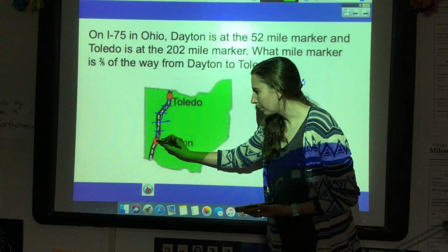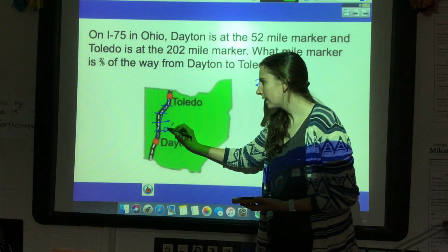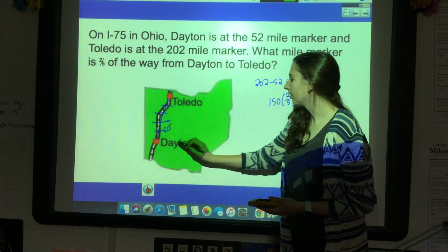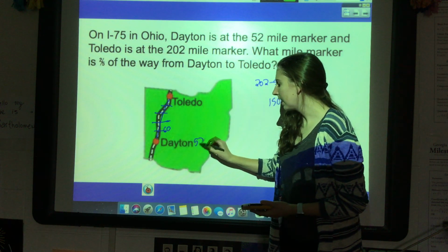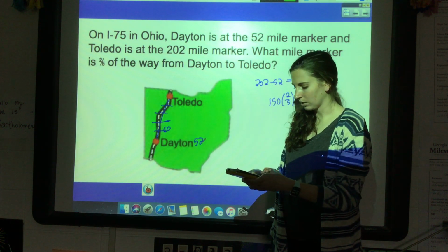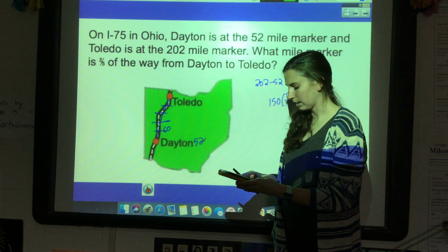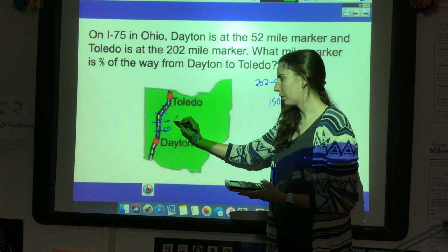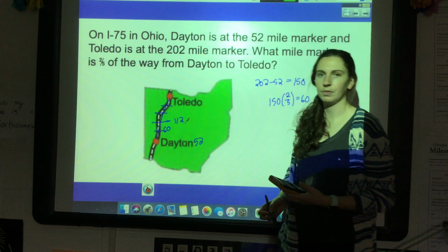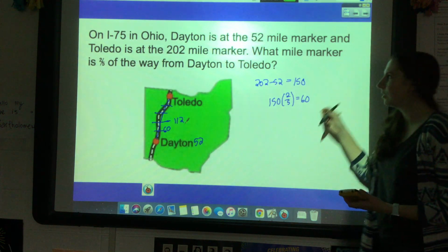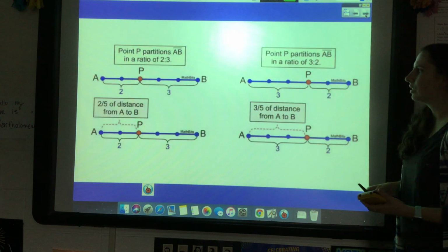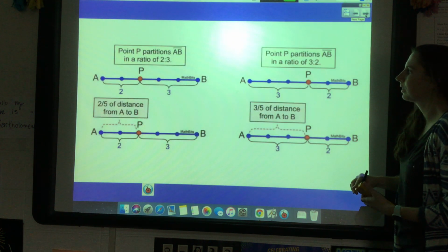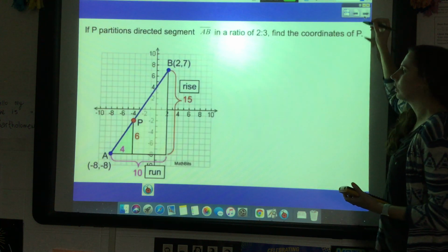That's just the length from here to here. I was at mile marker 52, and then I added 60 more miles, so if I do 52 plus 60, I'm now at mile marker 112. So keep that idea in mind. Here's how we can do this kind of thing on a coordinate grid.